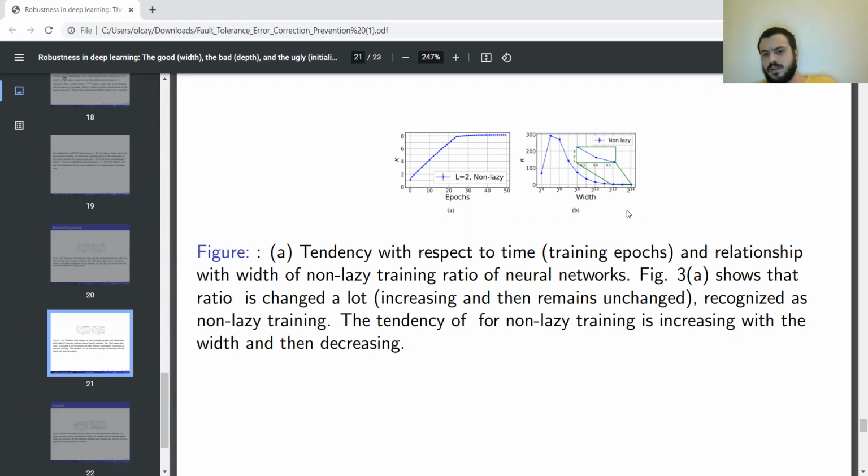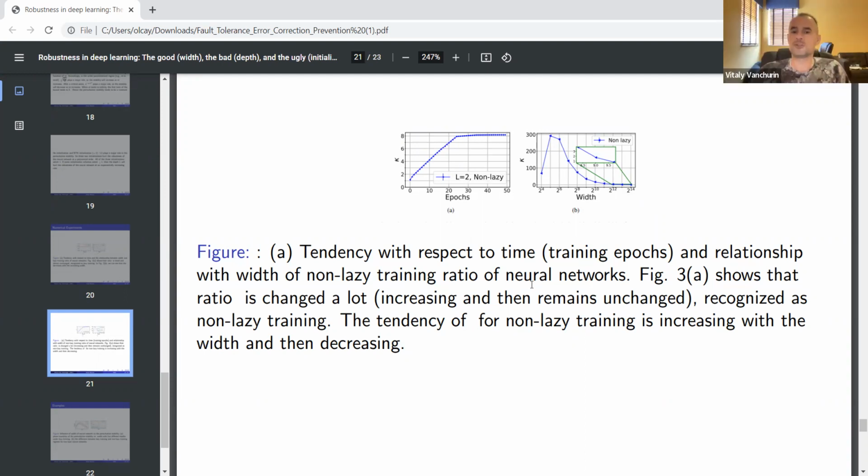But how is this laziness connected to robustness? Do they have a conclusion saying that if the network is lazy, then it's more or less robust? How is it related to the first part of the talk? The analysis is not done fully for the non-lazy regime, because it is said that in the non-lazy regime, depth becomes a problem.